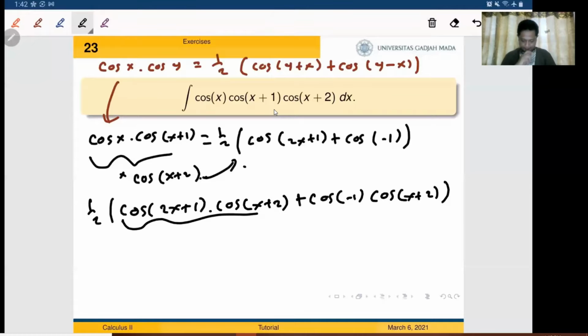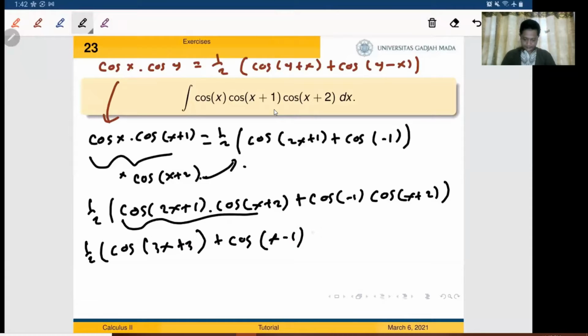And then what is it? We have cosine of, we add together, 3x plus 3. Should be fine, right? This one we have half. And then plus cosine of the difference, which is x minus 1.